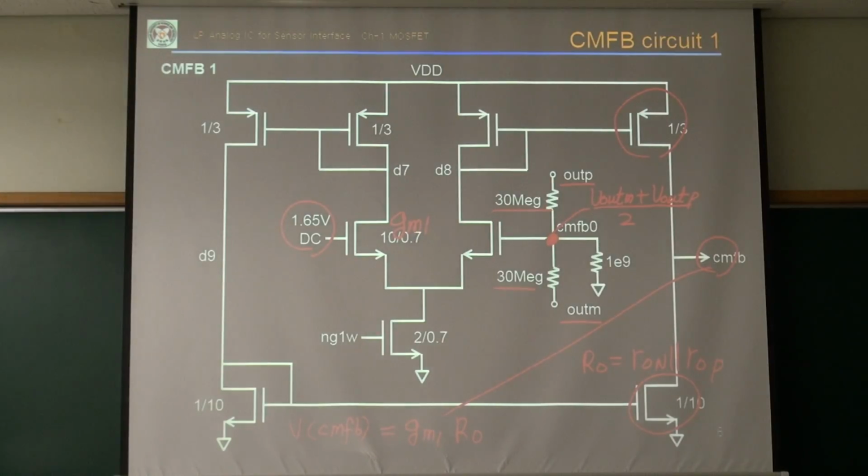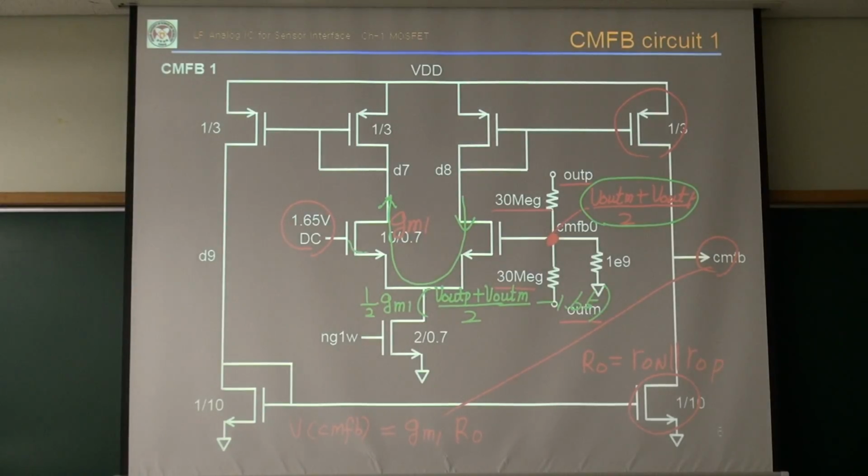Now let's see whether this is good or not. This is a common mode output, so there is a small signal current flowing like that. The amount of small signal current will be GM1 times the common mode output voltage minus 1.65, right?